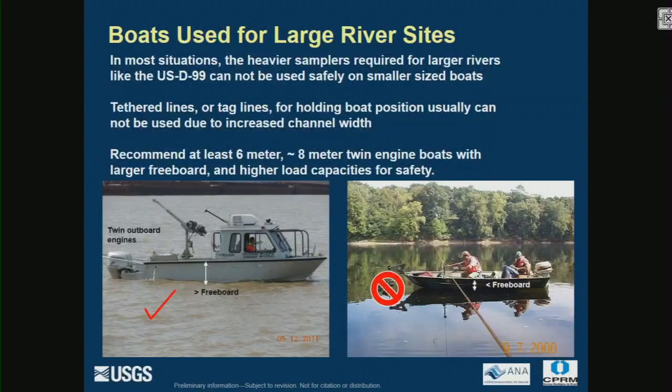So for the most part, sampling larger rivers with boats cannot be done like this photo here on the right. The freeboard here is just not enough. This boat does not have the capacity to carry or deploy a large sampler, like the D99, your MS8, and so forth, because of the weight required.